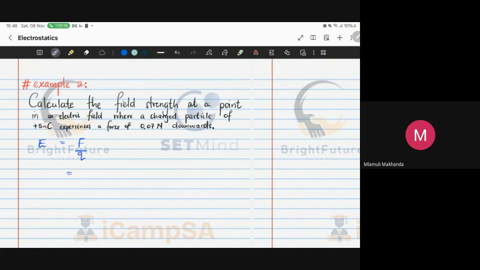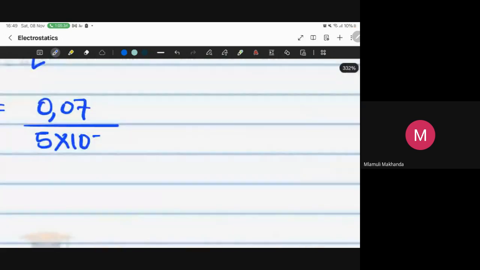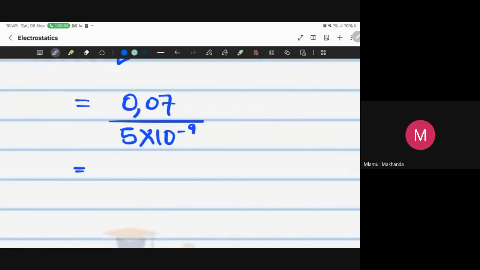And we know we've been given F to be 0.07 and our Q is 5 times 10 to the power minus 6. If you remember, not 6, sorry, 9. Nanocoulombs means to the power minus 9. Then from here, you can find your answer. Let me use my calculator.